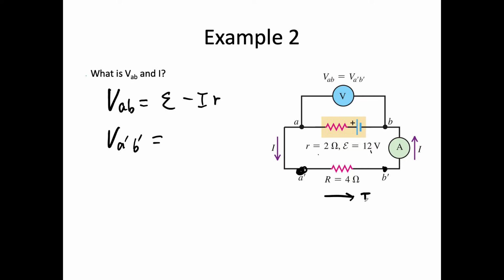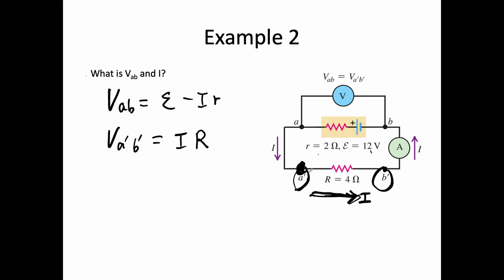If you have current I going in, the potential difference should be I times R. And also, if you have current going this way, A' is going to be at higher potential compared to B', because charge is moving from higher potential to lower potential, right? So charge moves from A' to B' because that is the direction of current. So position A' should have higher potential.